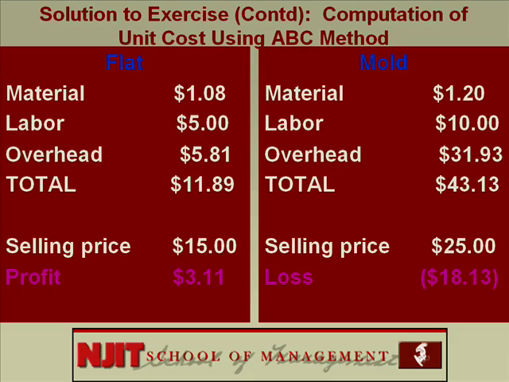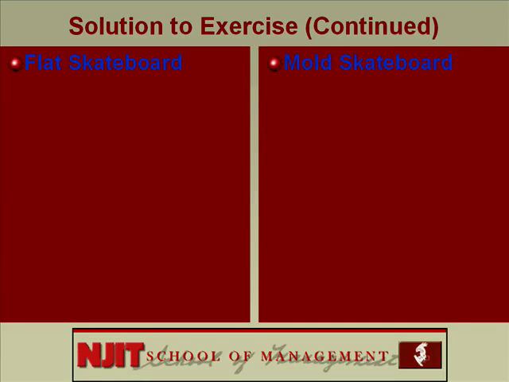Okay, the most important part here is figuring out the overhead per unit, because the other two were given to you, right? Overhead per unit, flat $5.81. Overhead per unit, mold $31.93. This is important, so let me repeat one more time. How did we get it? Flat skateboard.